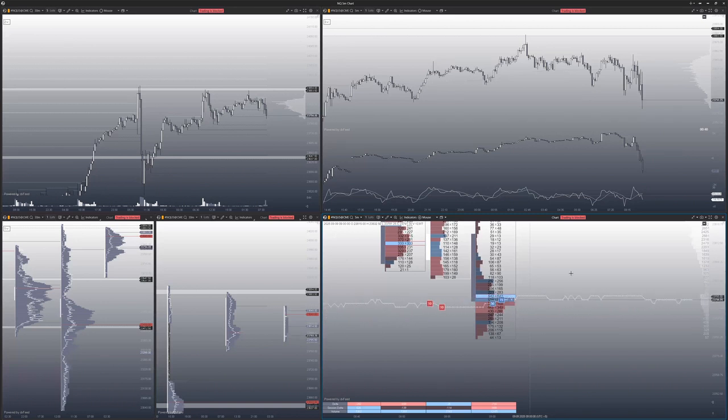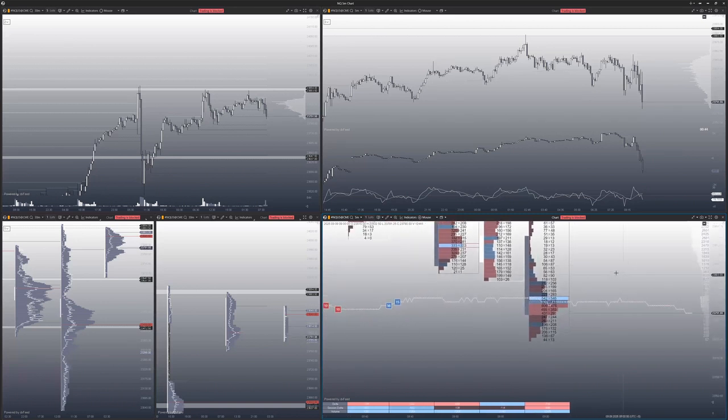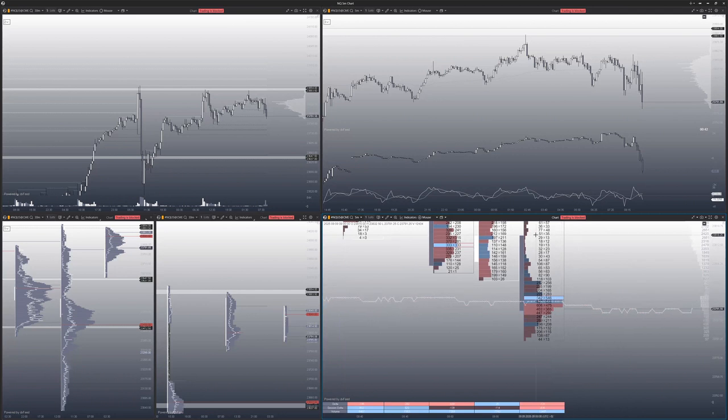Okay. I don't like it because it plays all the time on the lows here and doesn't make new lows.